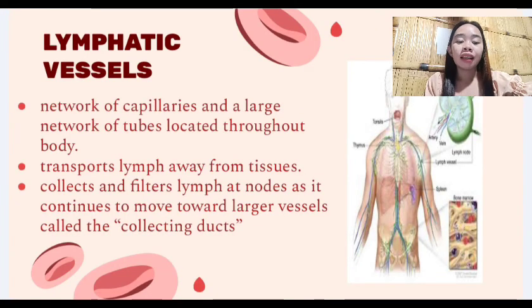Lymphatic vessels are networks of capillaries and a large network of tubes located throughout our body that transport lymph away from tissues. They collect and filter lymph at the nodes as it continues to move toward larger vessels called the collecting ducts.